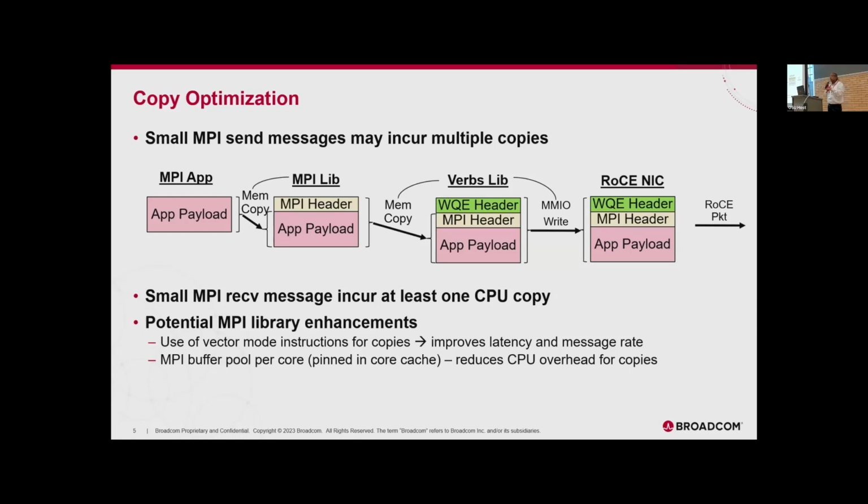So there is MMIO cost. This is the send side. On the receive side, when packets come in, the data first gets DMAed into the posted receive buffer, and then from there it gets copied to the user or application buffer.